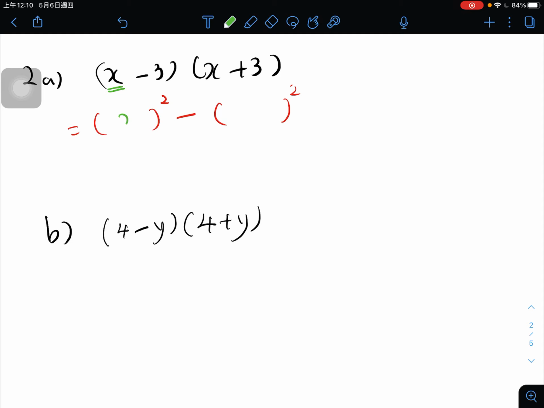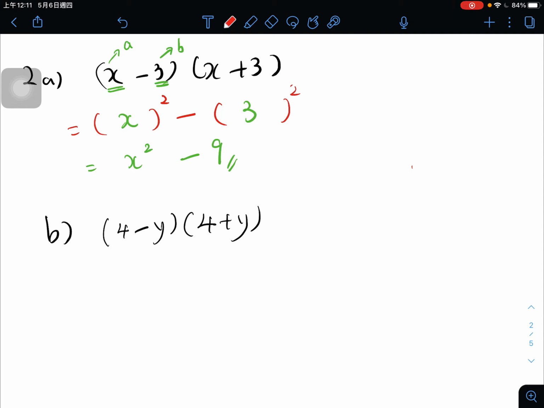Here is a, and 3 is b, so you just put these terms into the brackets. Finally we get x squared minus 9. This is the answer.